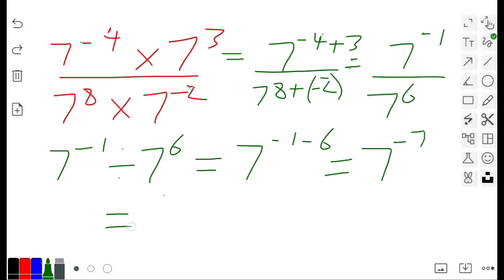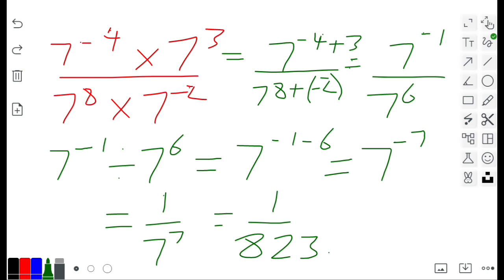And this can be re-expressed as 1 over 7 raised to the power of what? Of 7. And we can leave our final answer as 1 over 7 raised to the power of 7, and 7 raised to the power of 7 is going to give us 823,543.